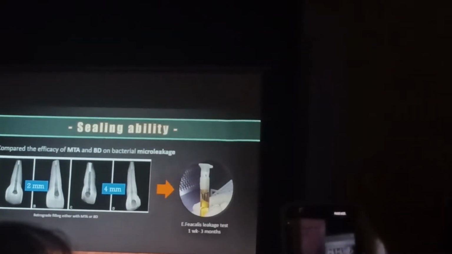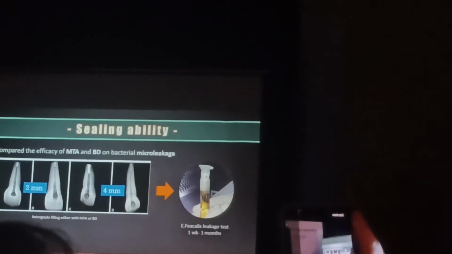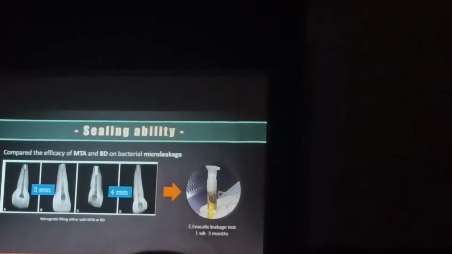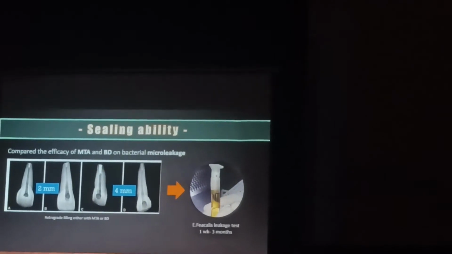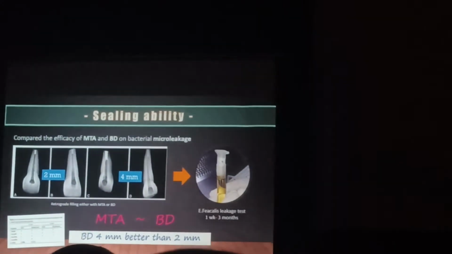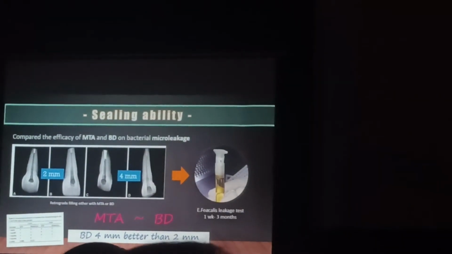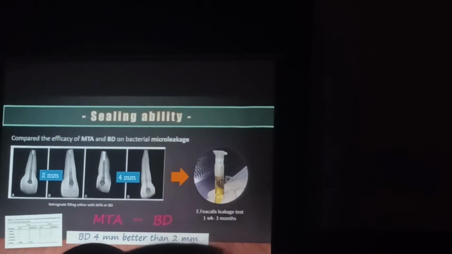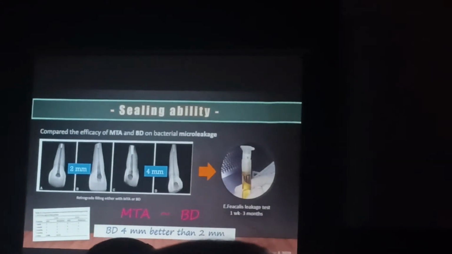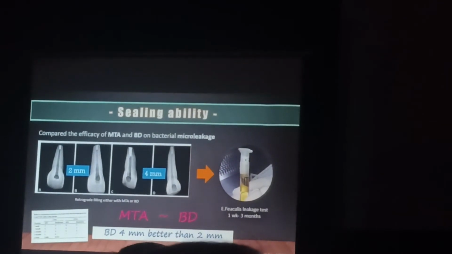If you have a chance to try, you may think that it is easier in handling. So for the sealing ability of this barrier technique, there are some studies comparing the efficacy of MTA and Biodentine on bacterial microleakage. In these studies, they tried placing MTA and Biodentine at different thicknesses, 2 millimeters and 4 millimeters, and after that, they tested for the microbiological leakage.